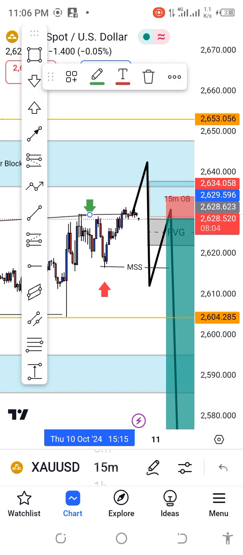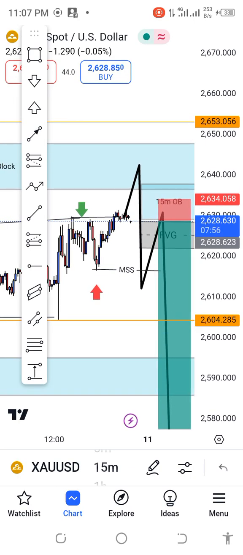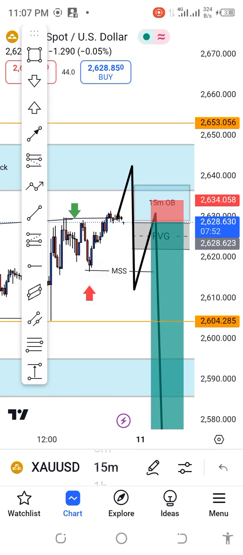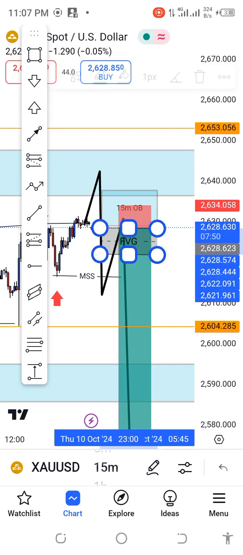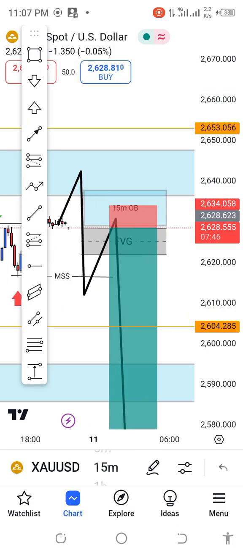Now, what do you wait for next? You wait for price to break this other part. Are you seeing what I'm saying? Once price breaks it, you now draw your demand zone, your order block.